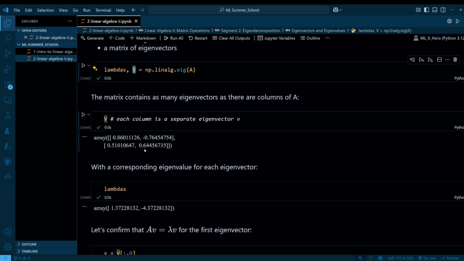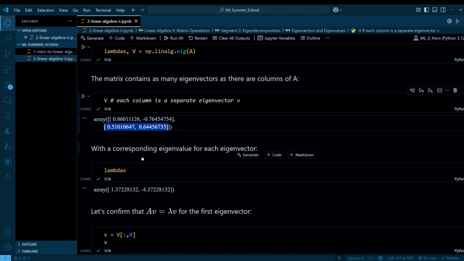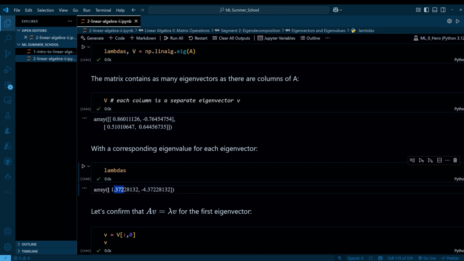So this is our eigenvector, and this is our lambda value. Here in the matrix format we have two eigenvectors within the matrix, this one and this one. These two are our two eigenvectors. Again, as we have two eigenvectors, for each one we also have an eigenvalue. So what does the eigenvalue refer to?